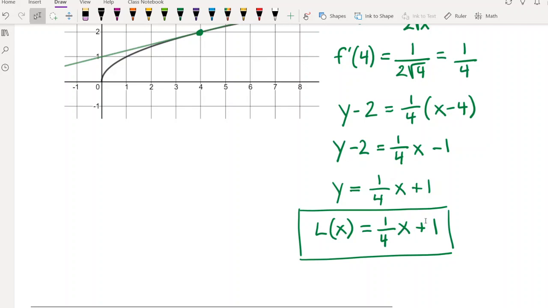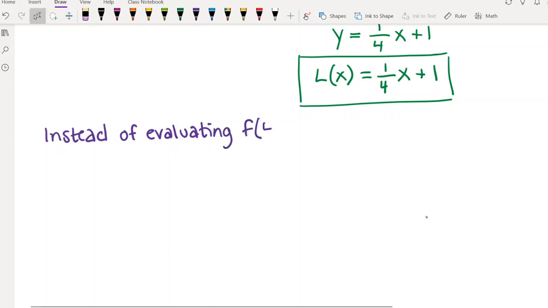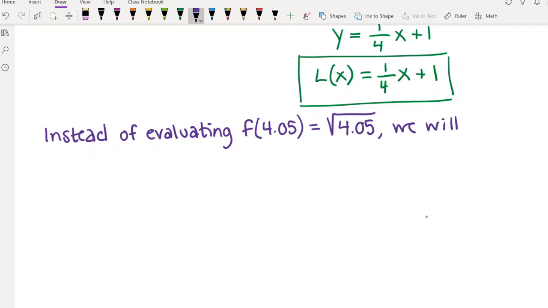So what are we going to do now? Instead of evaluating f of 4.05, which would mean plugging it into our original function, we will evaluate L of 4.05.